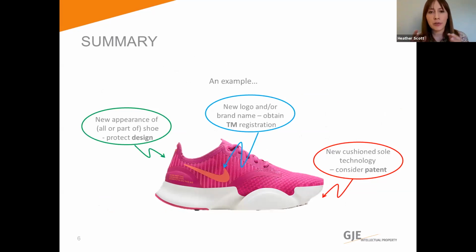The well-known swoosh logo and the name Nike, they'll be protected using trademarks. And if there's an invention in here, for example, it might have a new type of cushioned sole which helps to prevent running injuries, then that can be protected using patents. So it's important to see how the different types of IP and corresponding IP rights work together to protect all the different aspects of a product.